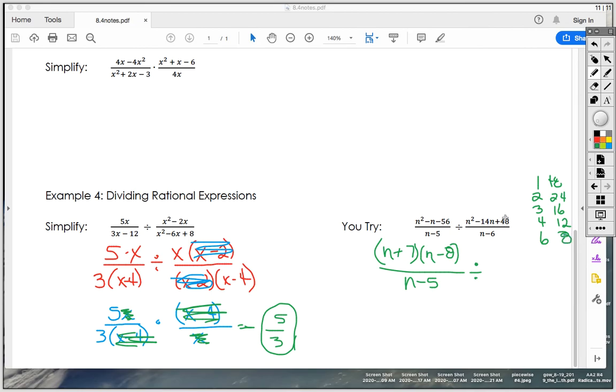Okay, we are adding them together. So it is going to be these two, and they're both going to be negative. So we have n minus 6 and n minus 8.